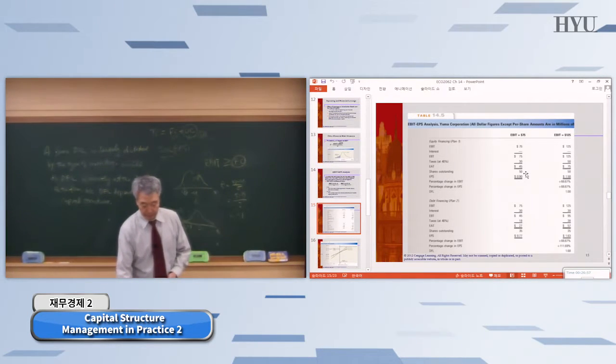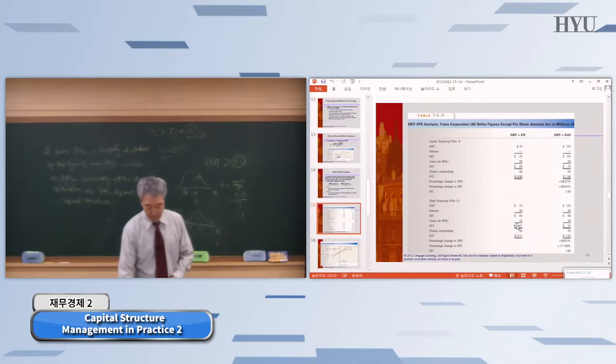But now they want to raise some capital. In the first case, the equity financing case, they are thinking about issuing some additional shares. How many? 15 million additional shares. So from 35, the total shares will become 50.